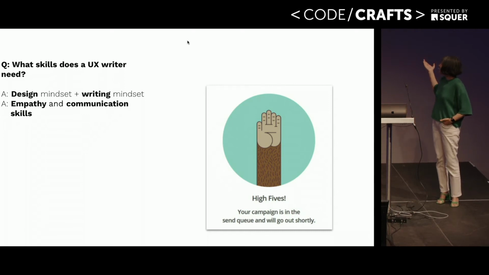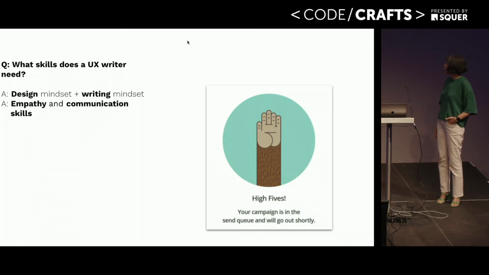I put this picture here from, I think, MailChimp, because I think it really symbolizes great writing. High five, the person has accomplished something. What have they accomplished? We can tell, even though we're not in the flow and we're not in this product, we know what they just did. They launched a campaign. We know where it is. We know the status: it's in the send queue.